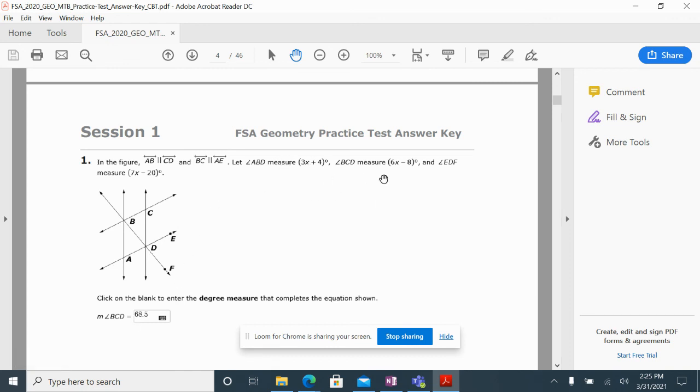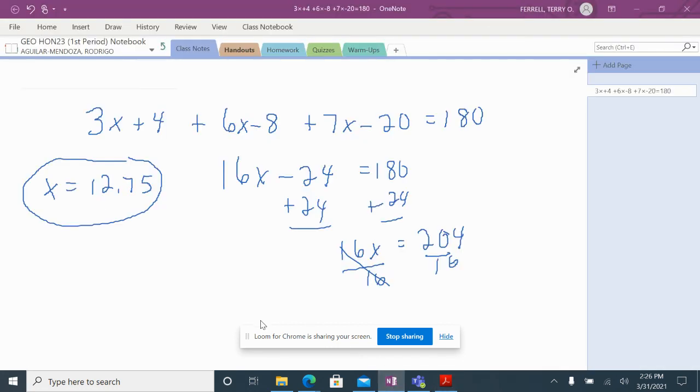BCD is the expression 6x minus 8. So I got to take x, plug it back in there, and then I'm done. So I'm going to take the expression 6x minus 8, and I'm going to plug in 12.75. So it goes 6 times 12.75 minus 8. Type that in your calculator.